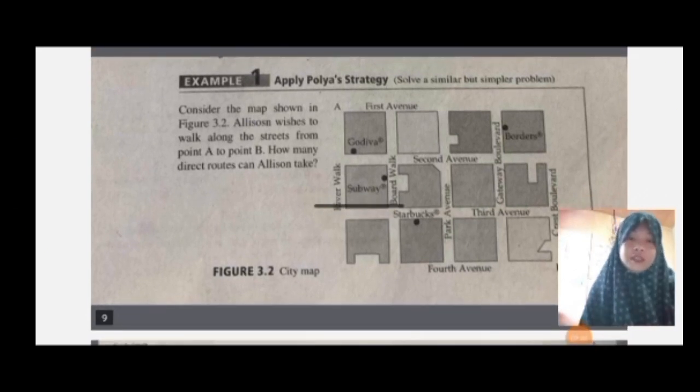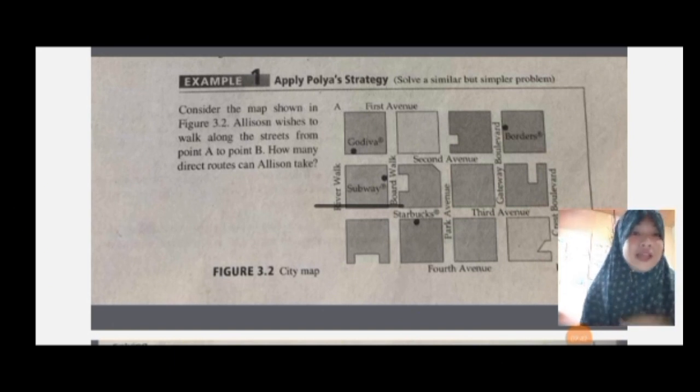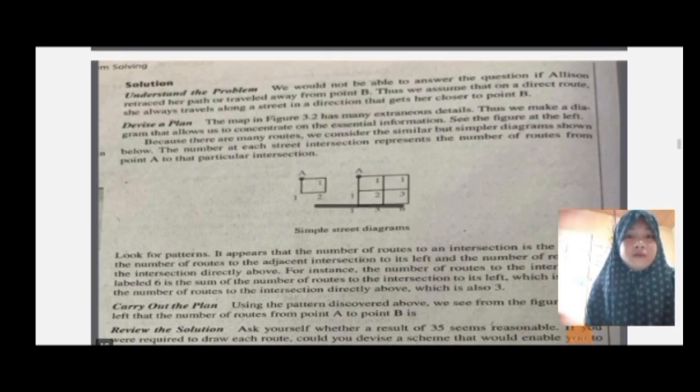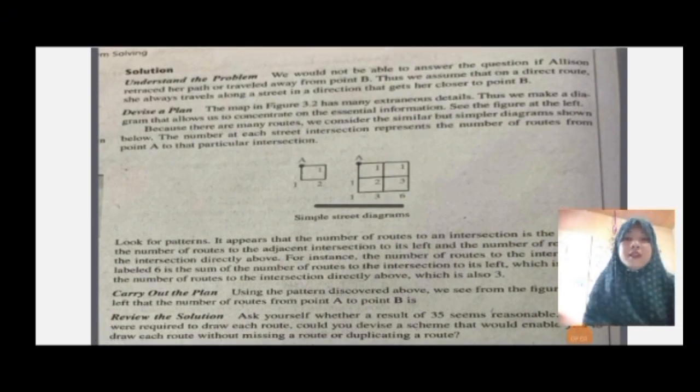So, for this example 1, we have First Avenue, Second Avenue, Third Avenue, and Fourth Avenue. This is the solution of George Polya.